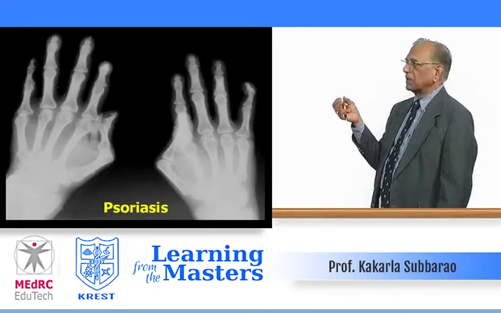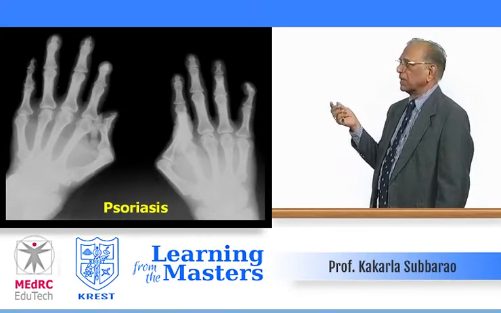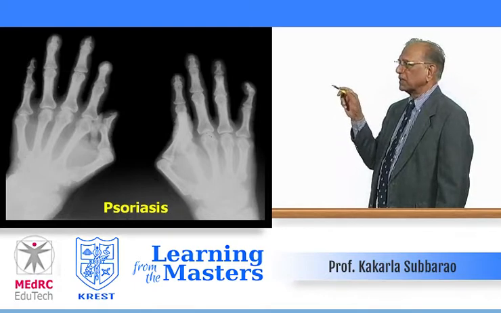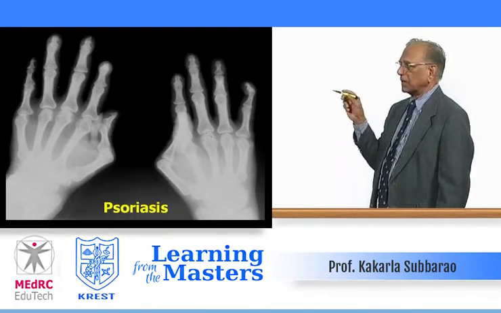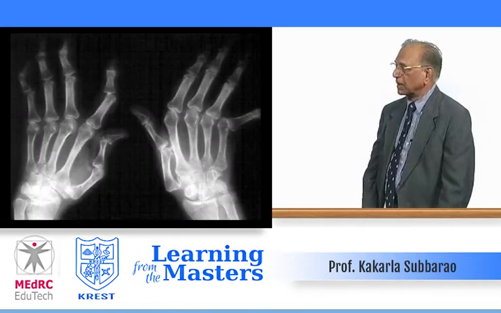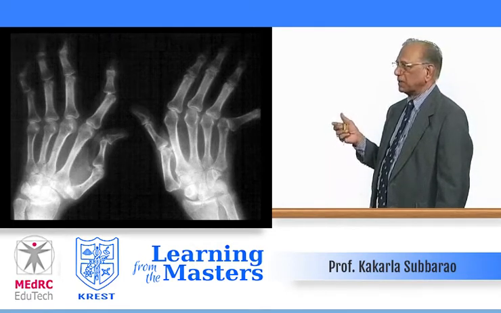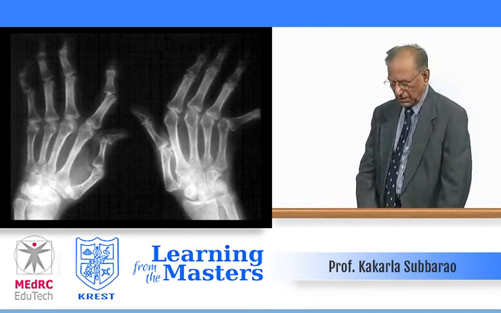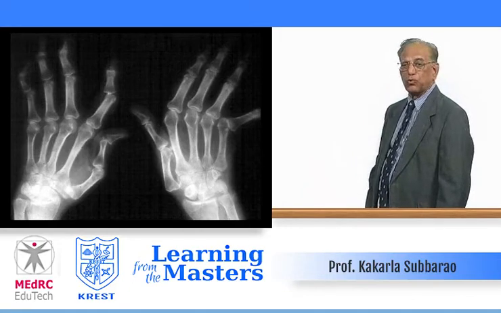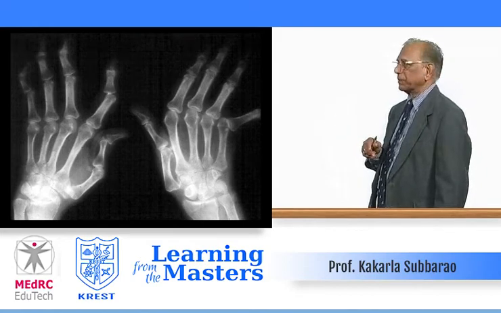Here again, you may get acro-osteolysis, or resorption of the distal tufts, but note the erosions at the distal interphalangeal joints. They are bilateral, but never symmetrical. Psoriasis with deformity of the fingers, particularly the thumbs, eventually may result in arthritis mutilans, which you can find in rheumatoid arthritis also.